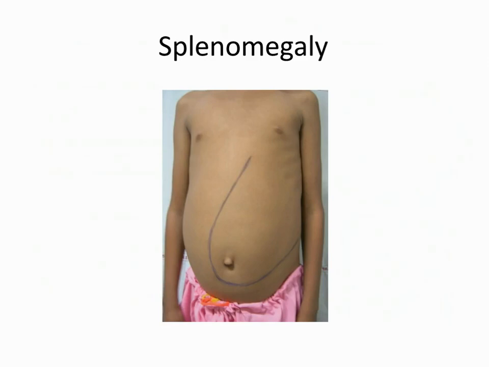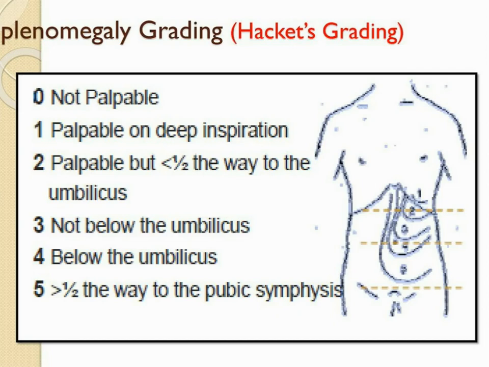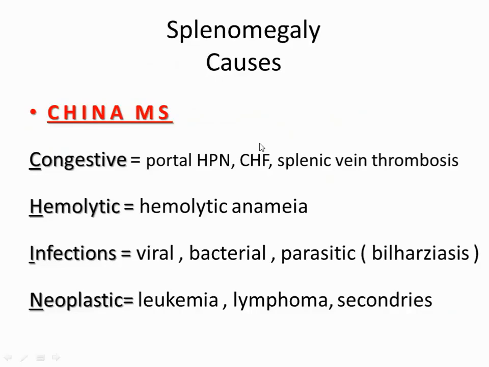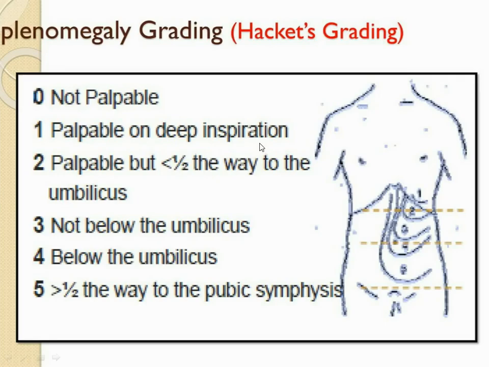What is the classification of splenomegaly? Splenomegaly is classified according to Hackett's grading system. Grade 0: the spleen is not palpable, it may be enlarged but not palpable. To be palpable, it must be enlarged 3 times more than normal. The first grade is palpable on deep inspiration.